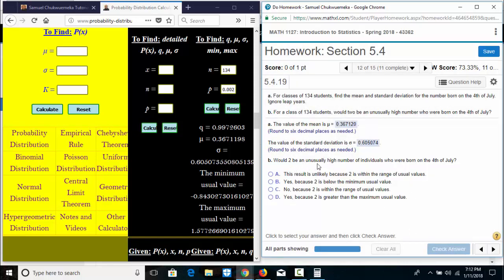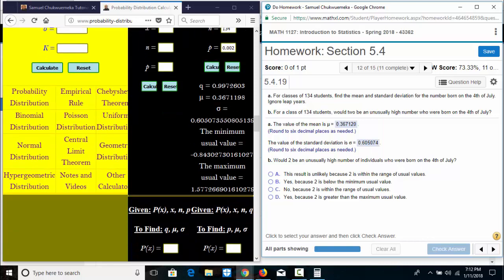Would 2 be an unusually high number of individuals who were born on the 4th of July? The minimum is negative 0.84. The maximum is 1.58.